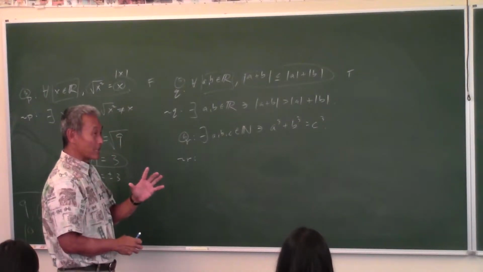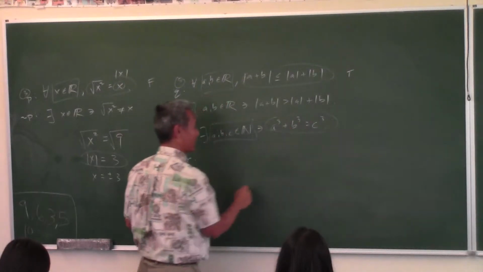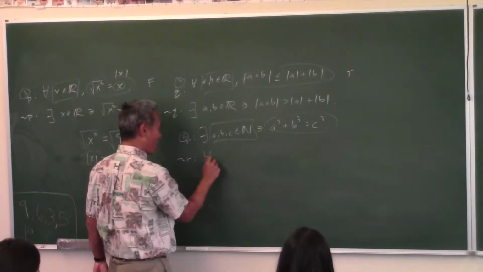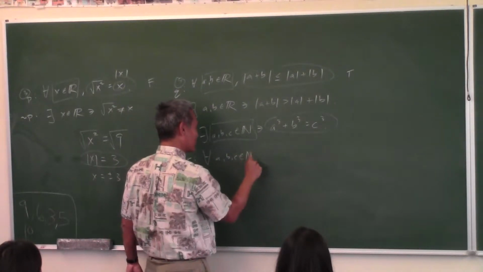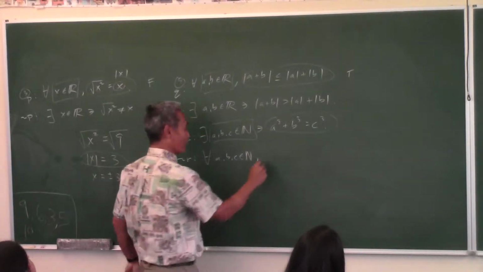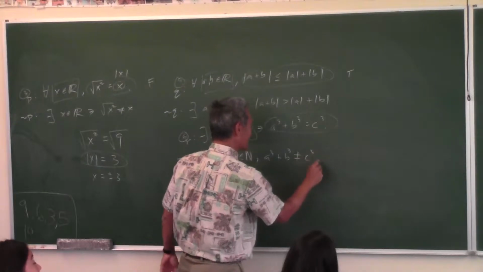Every existential statement has the same form: there exists box such that oval. How do you negate it? For all box, A, B, and C are elements of the natural numbers, comma, not oval. A cubed plus B cubed is not equal to C cubed.